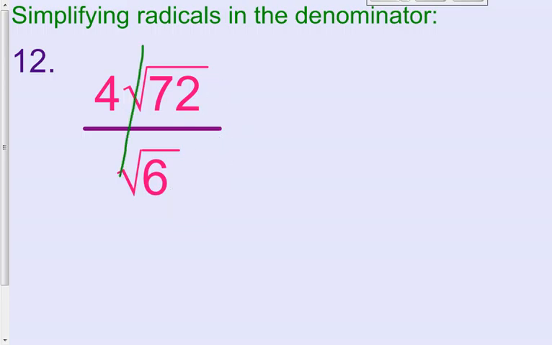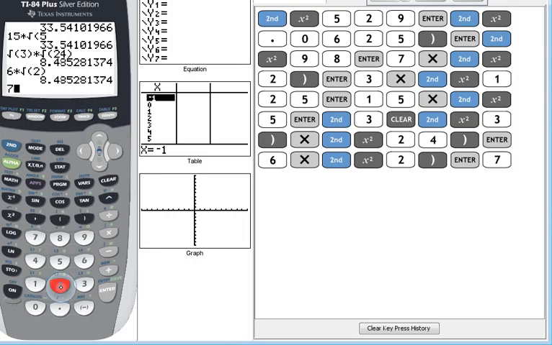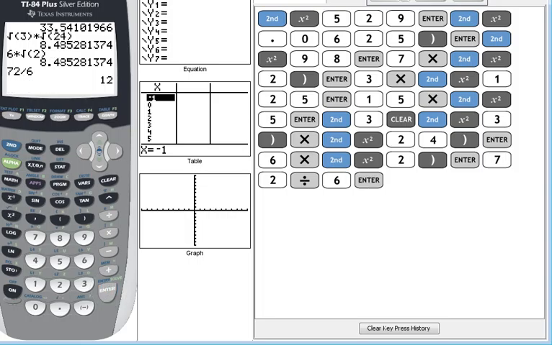What is the square root of 72 divided by the square root of 6? We can divide 72 by 6 and just keep it underneath the radical. 72 divided by 6, let's quick do that in our calculator. 72 divided by 6 is 12.